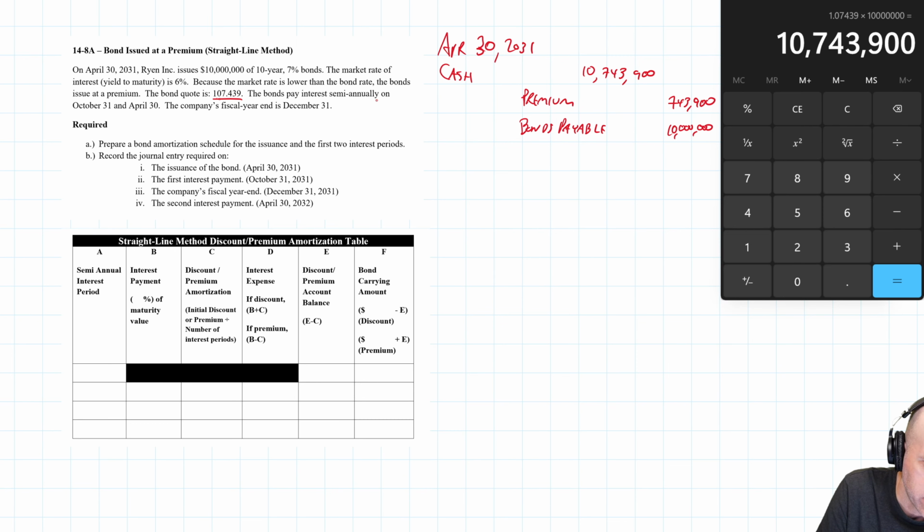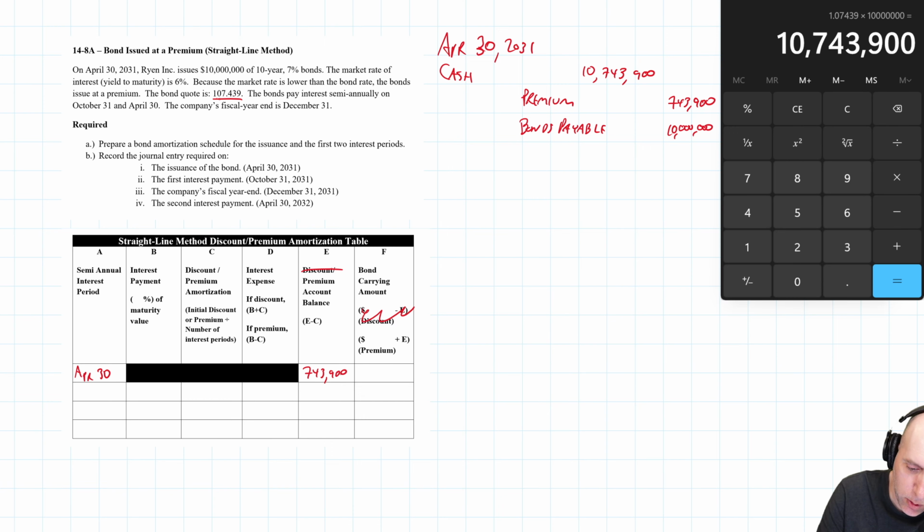It notes the bonds pay interest semi-annually, October 31st and April 30th, and the company's fiscal year end is December 31st. It asks us to prepare a bond amortization schedule for the issuance and the first 2 interest periods. So the issuance happened on April 30th, and of course we had a premium, and the premium balance was $743,900.